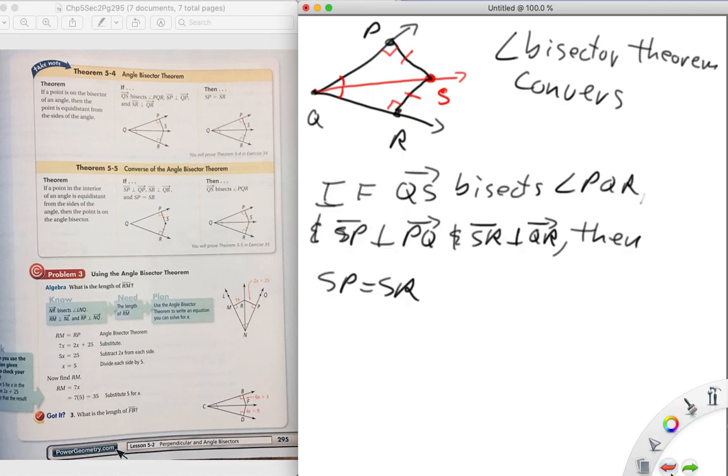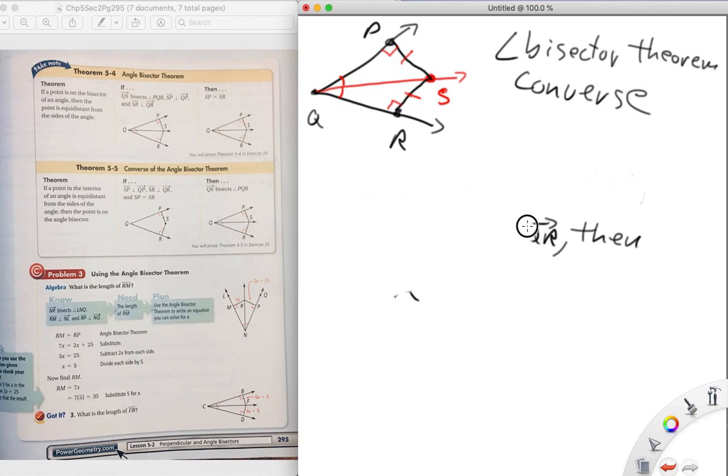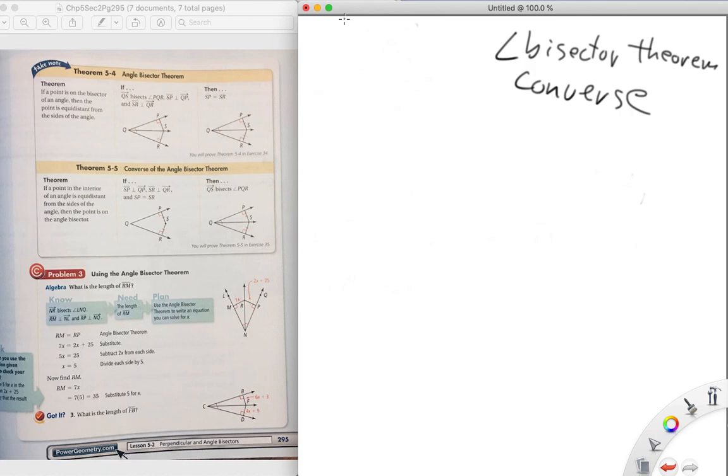It says, if I have a ray, P, Q, and R, and I know that there's some point S, and I know that point S is equidistant because it's the shortest distance, and I know that they're perpendicular. So that's the first condition.